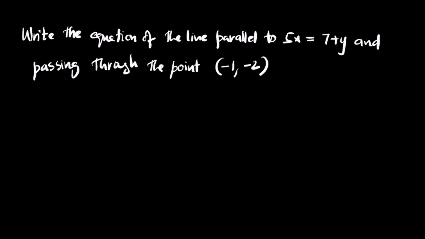First convert this into the slope-intercept form and then find the slope. Use the same slope and the point in the point-slope formula and then find the equation of the line. So with that we end lecture 1.